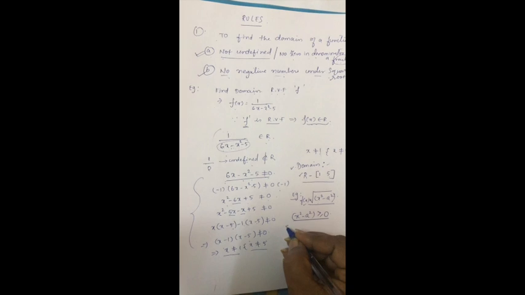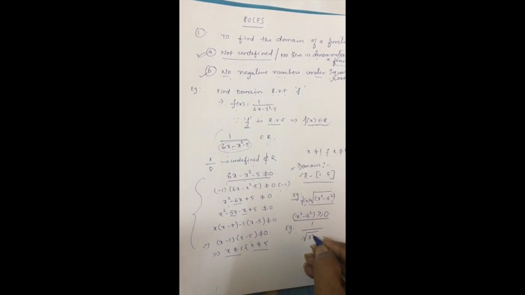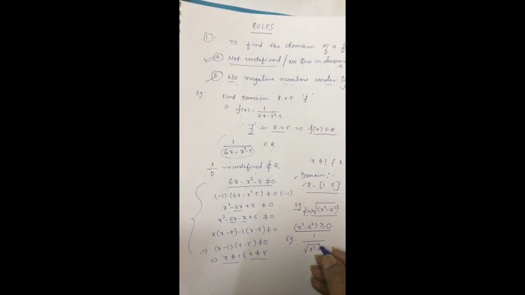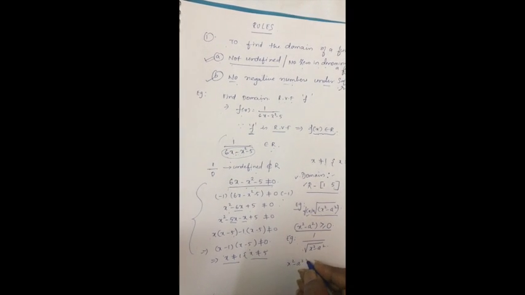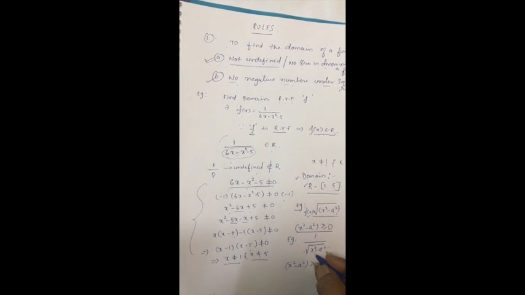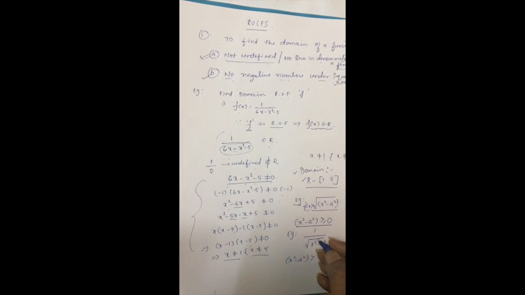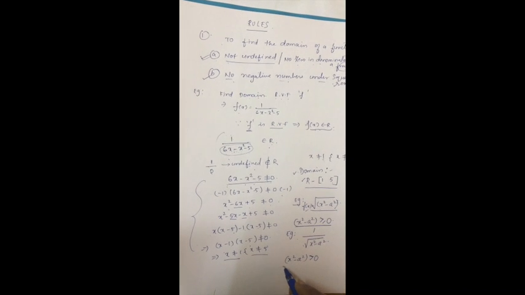We'll see the problems in detail later. Let's say, for example, the same question is in this form. Here, this is under the root, so you can simply write x square minus a square greater than or equal to 0. But here it is a fraction, and if it is equal to 0, this becomes undefined. So you write x square minus a square greater than 0, but not greater than or equal to 0.